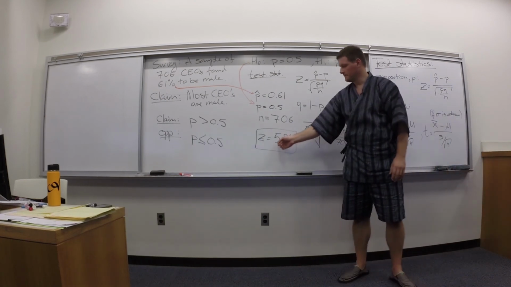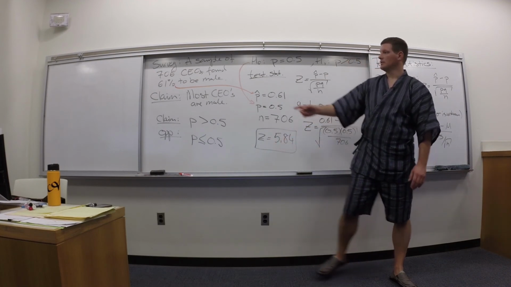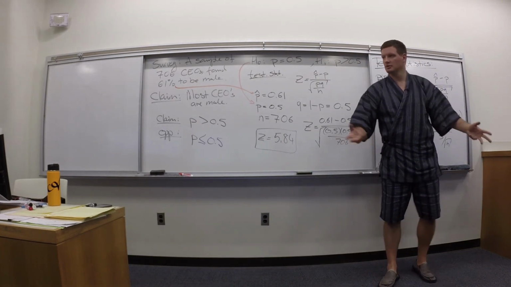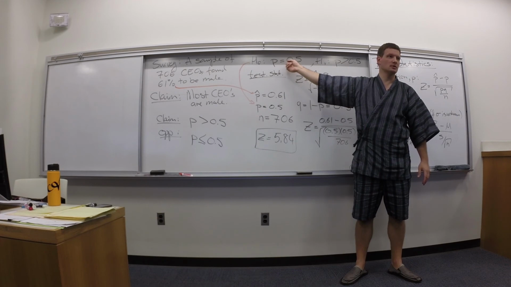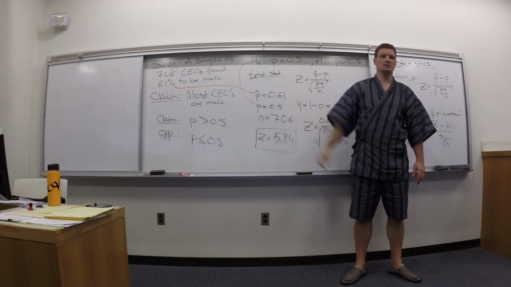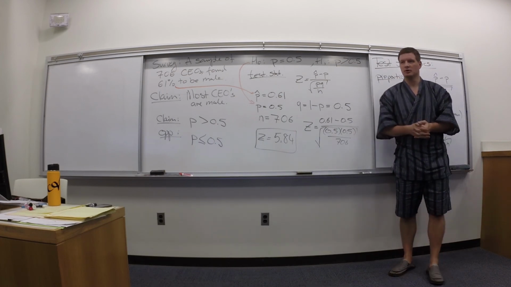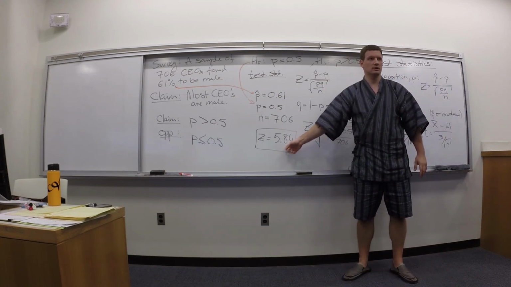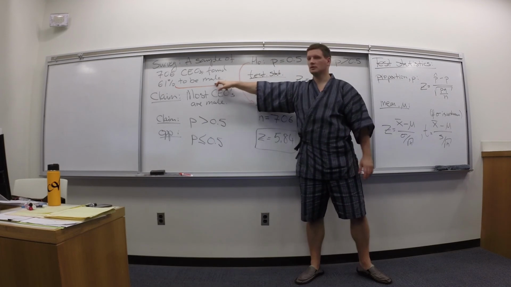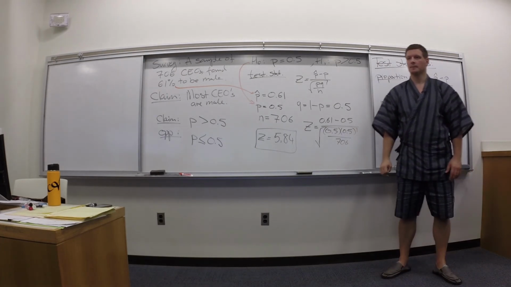Is this number, it's a z-score, suggesting that the sample is so far away from the population mean that the population mean we assumed right here in H sub 0 is wrong? Is this rare enough so we can discard this? Rare event rule says if there's a really, really low chance of something happening, that's probably wrong. So is this suggesting that the population is so far from the sample that the assumption we made about the population is wrong?